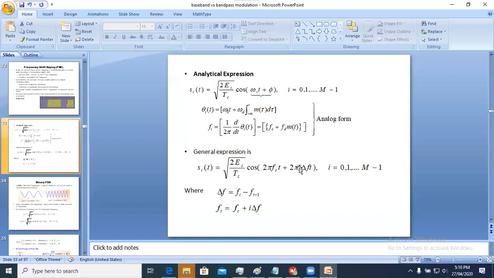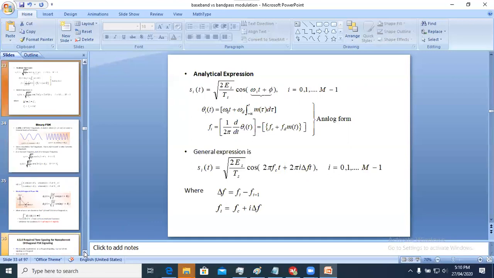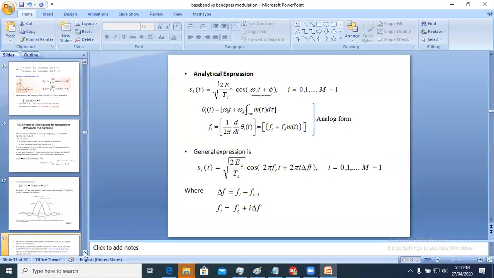But in digital form, we set the frequency spacing between the tones of frequency shift keying depending on the number of frequencies we are using.